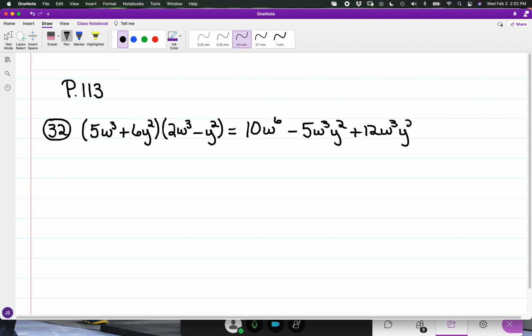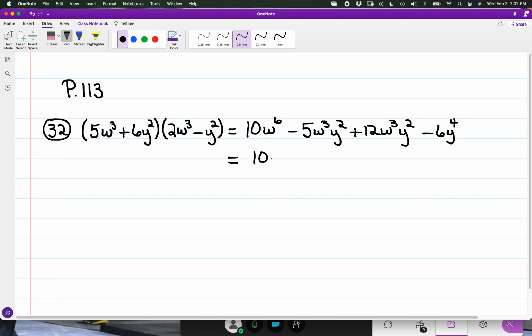And for the last product, we have 6y squared times the negative of y squared, so we have negative 6 times y to the 4th. In the follow through, now we have two like terms with the outside and the inside products.